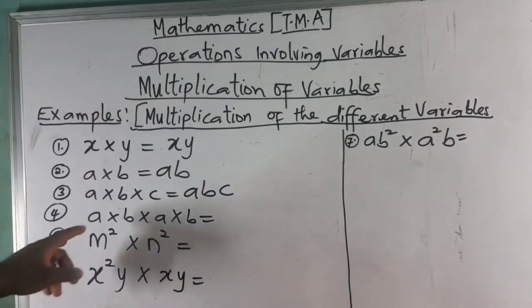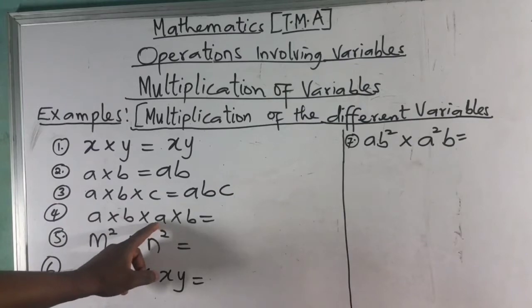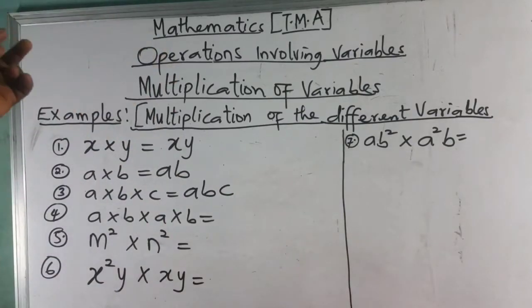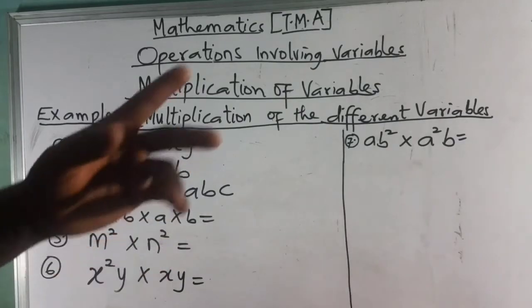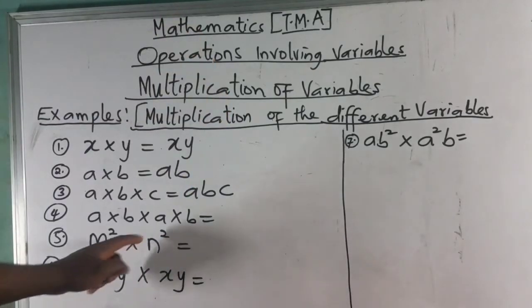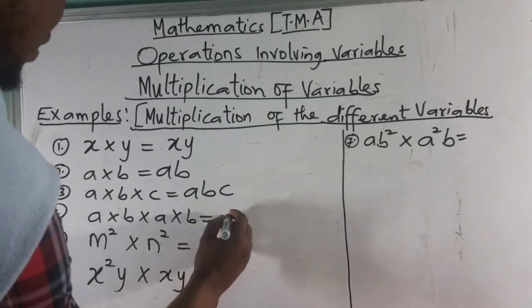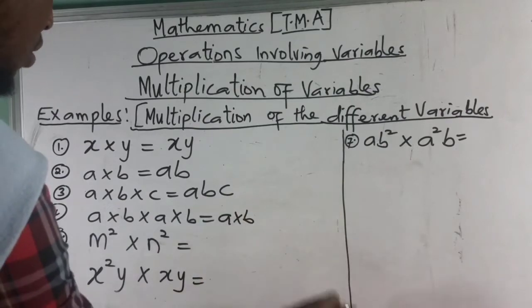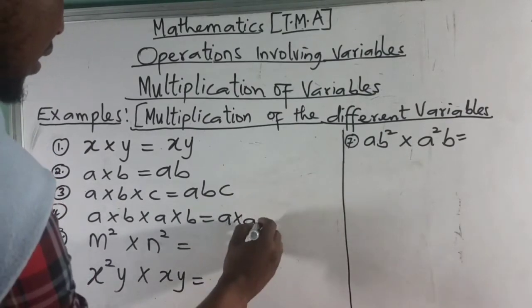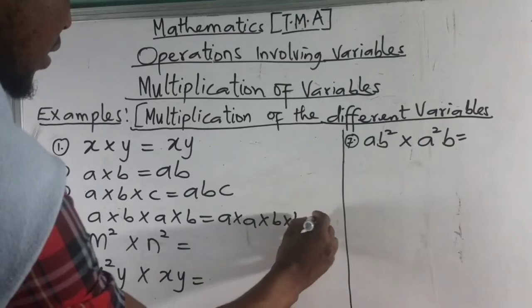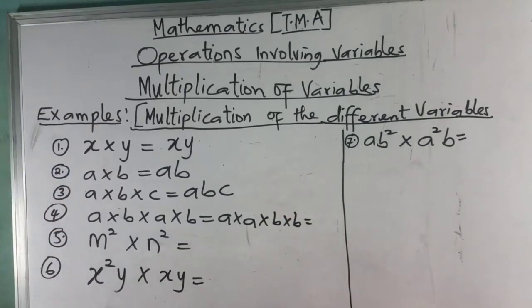So you now multiply it using the law of the same variable inside different variables. What do I mean by that? I will pick a times a, from the first teaching, the same variable. A times a is a raised to power 2, that is a squared. b times b is also b squared, because they are the same. Then, a times a is a squared, b times b is b squared.